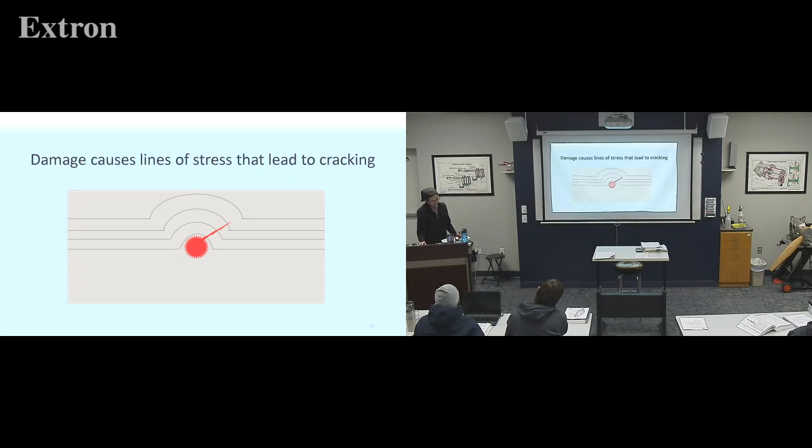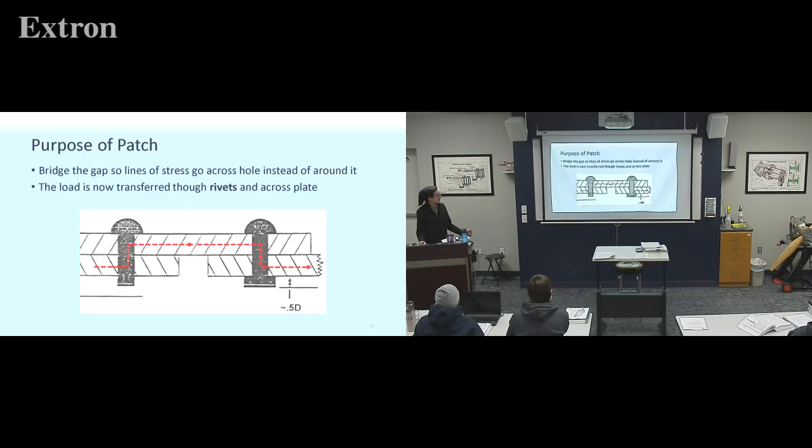So what we want to do in a repair is give that stress a nice, happy place to flow, and we want to, here's our hole, bridge the gap so the stress can flow across it instead of jerking out around it.